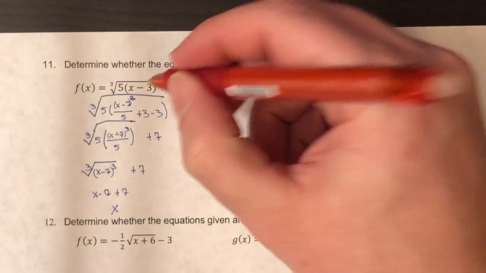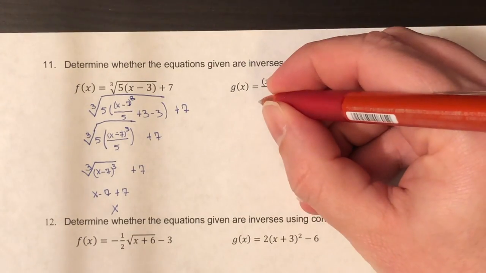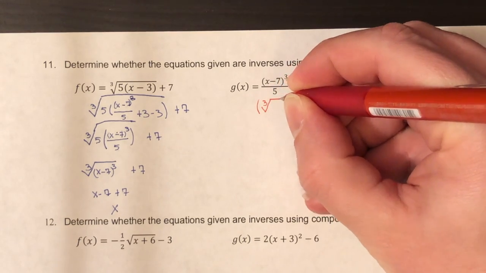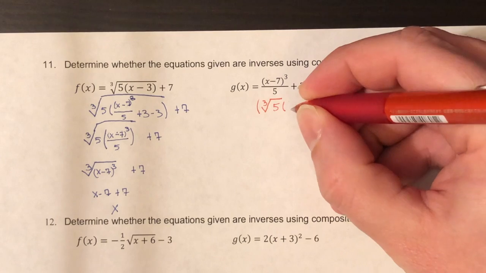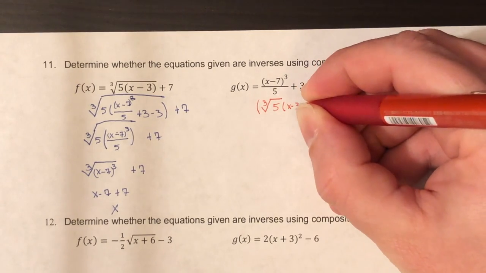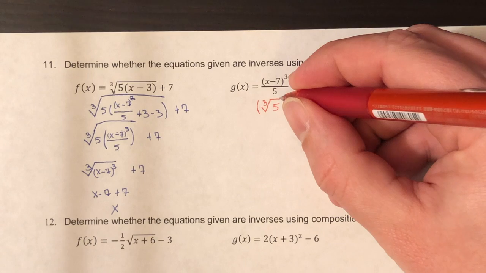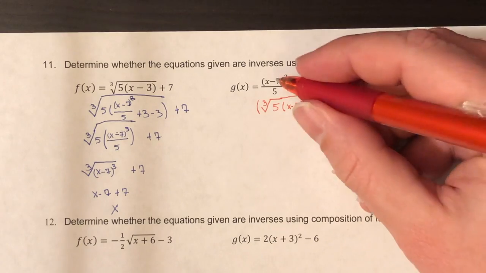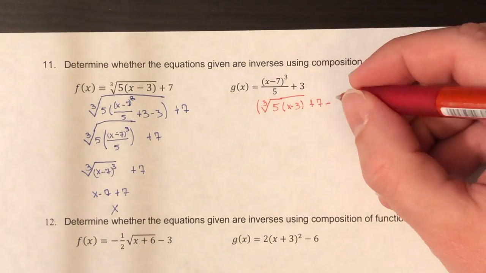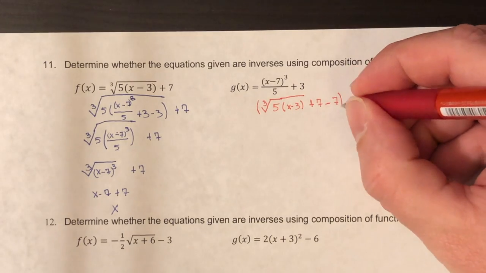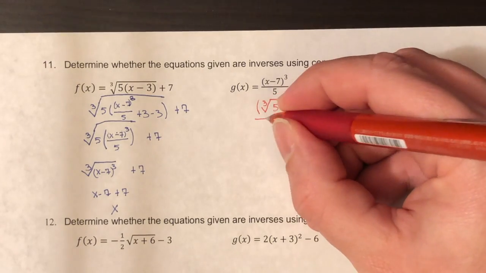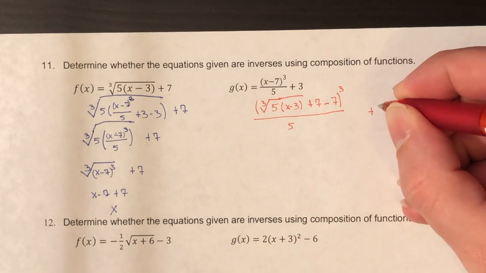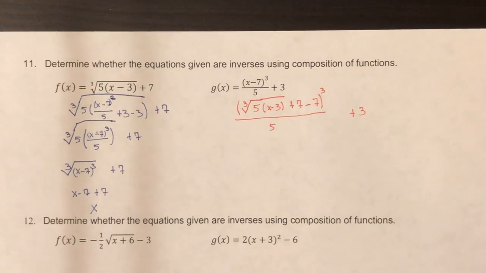So I need to put this all in for x here. So I've got the cube root of 5 times x minus 3 plus 7, and then carrying on with this one, minus 7, all cubed, over 5, and then plus 3.